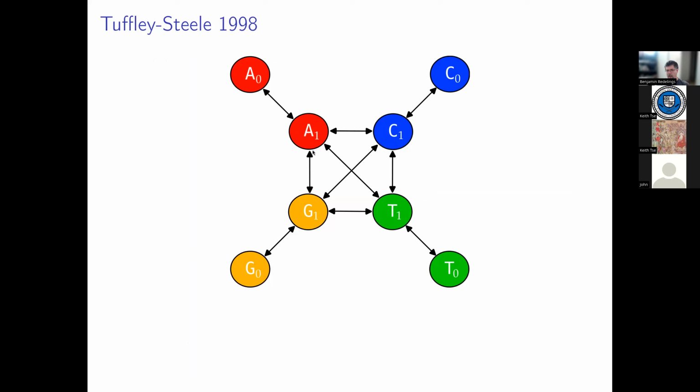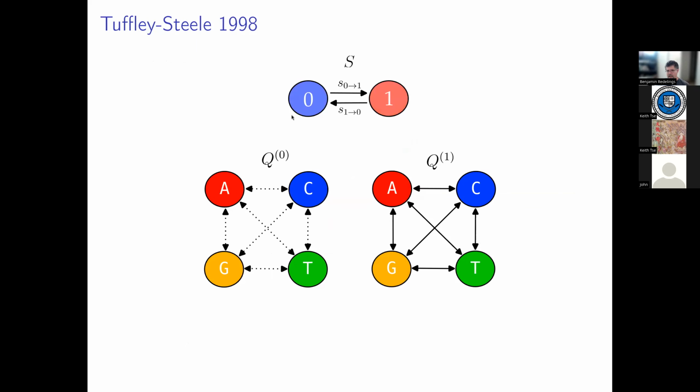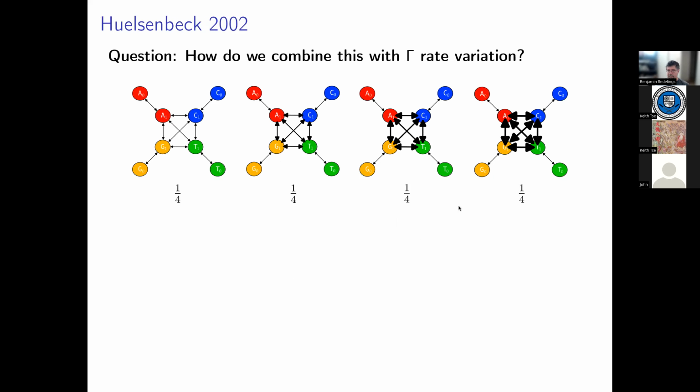It can only change back to the on version. Another way of representing this is that for every column, we have an on-off state, and then for each on and off state, we have a separate rate matrix, here indicated by Q. So Q-off is for the off state, where you can't change between the different letters, but for Q-on, you can.